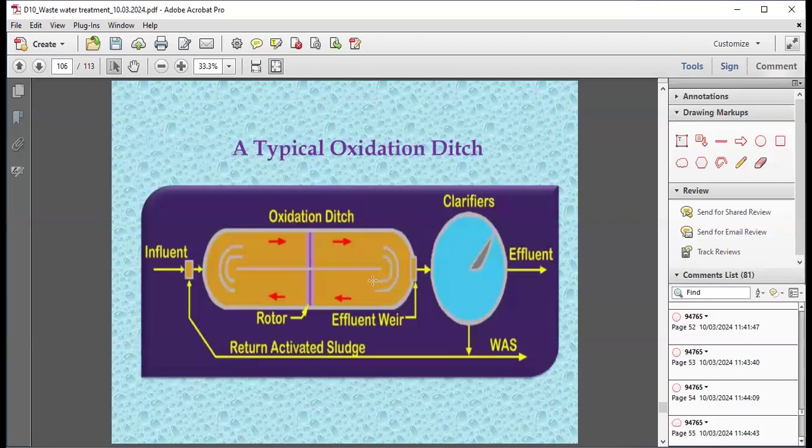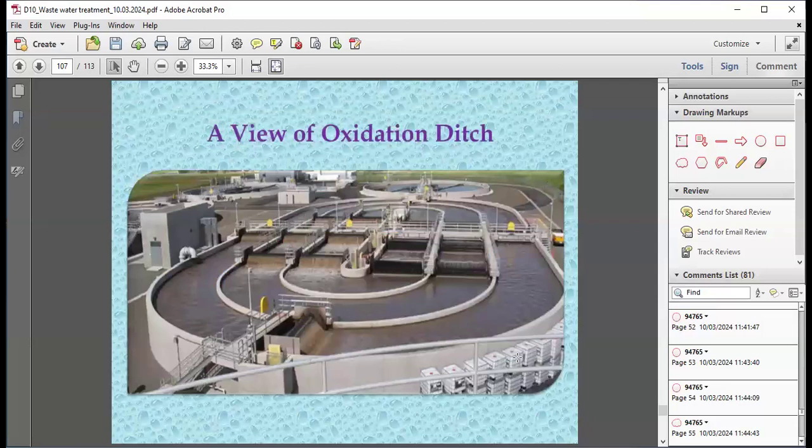A typical oxidation ditch: influent, rotor, effluent, and return activated sludge, a clarifier and effluent. The view of the oxidation ditch: it is like a pond, as they are mentioning.